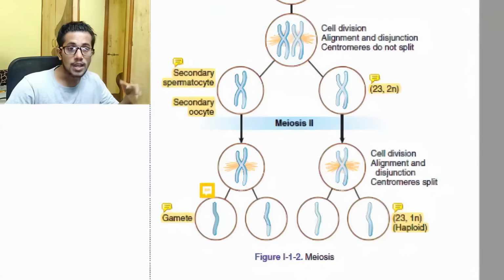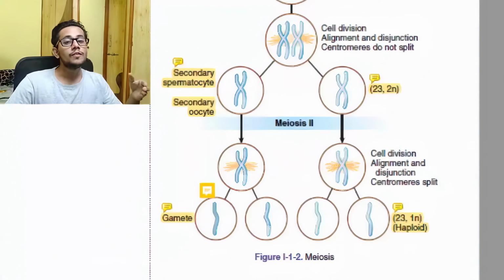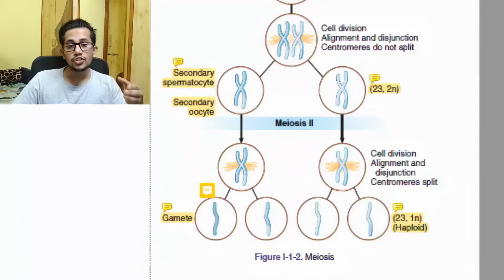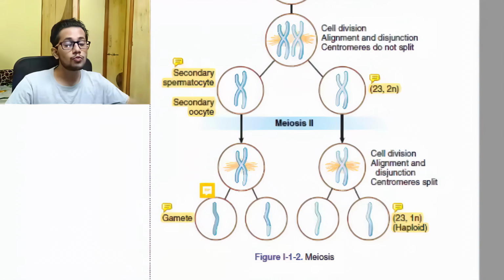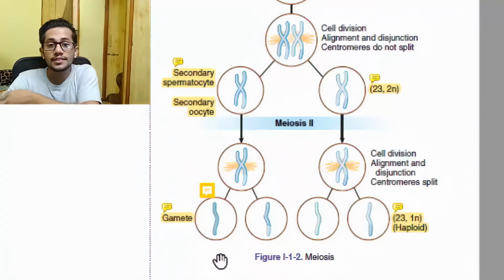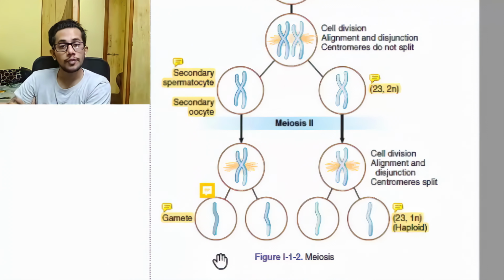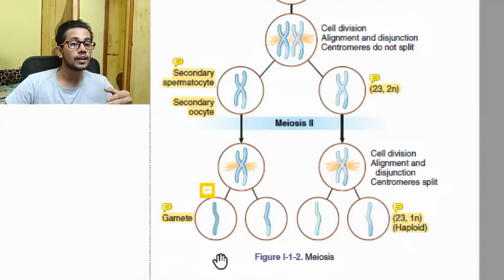So again, the other one will become a polar body and just die off, and out of all four before, only one remaining gamete is what is left in the female. That is what our ovum, or egg, is.